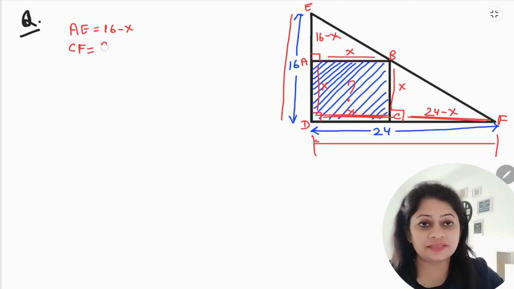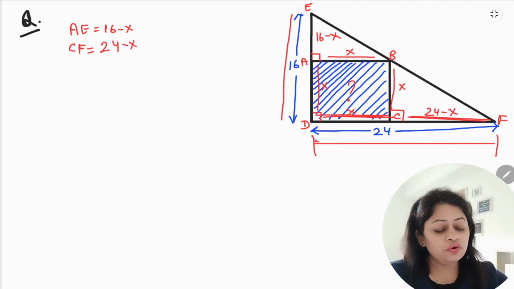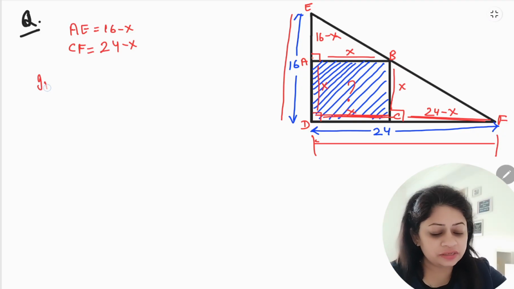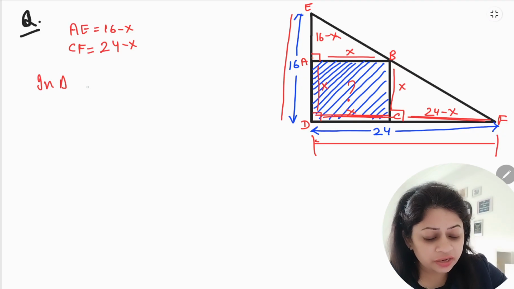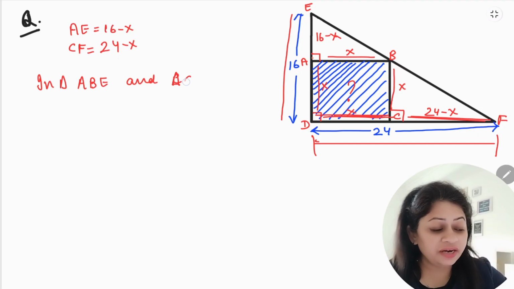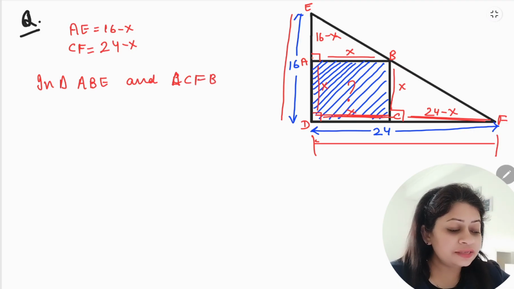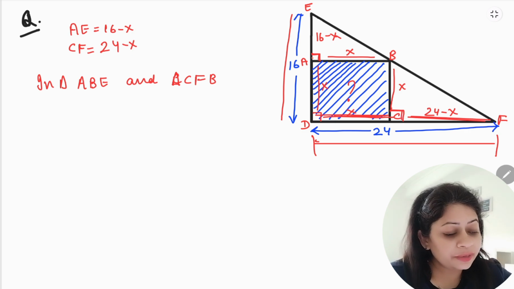24 minus x, right? Now look at these two triangles. We have two triangles here. What are those two triangles? ABE and triangle CFB, right? These two triangles. If you look at them, angles are same, right? These angles are same, right?